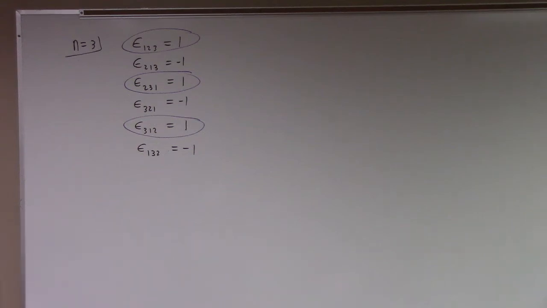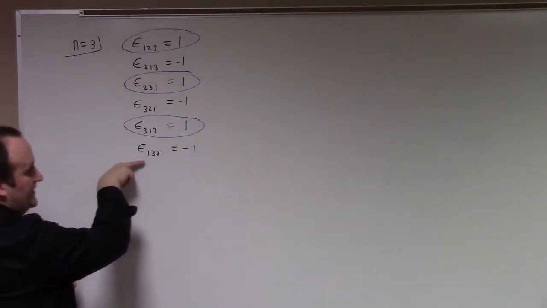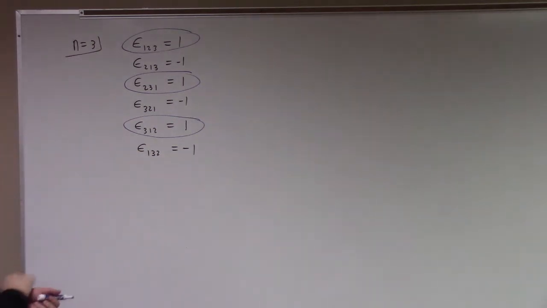So those are cyclic permutations of 1, 2, 3. And then the other 3 are the so-called anti-cyclic permutations of 1, 2, 3, namely 3, 2, 1, 2, 1, 3, and 1, 3, 2. You're counting down in these as you go across, with the understanding that going from 1 to 3 is counting down in the sense of looping. Yeah. Anyway, that's what it works out to.